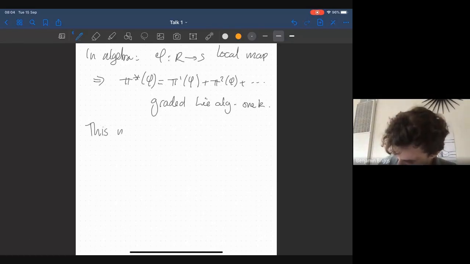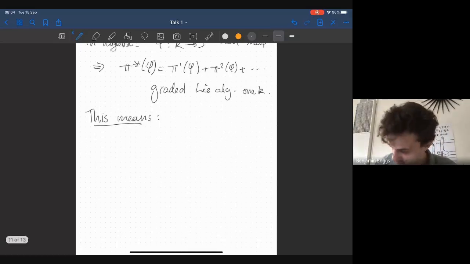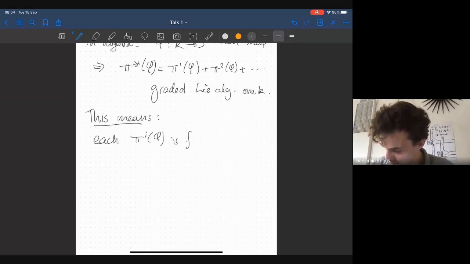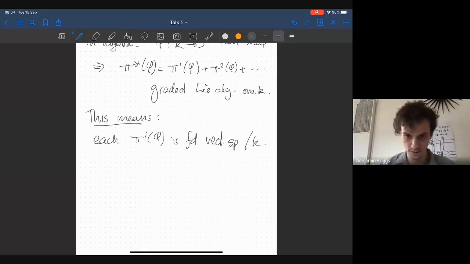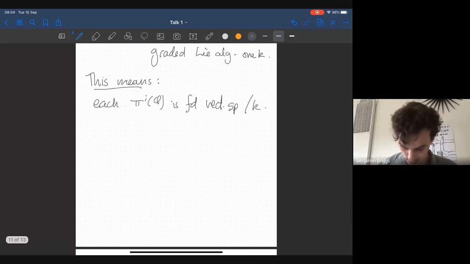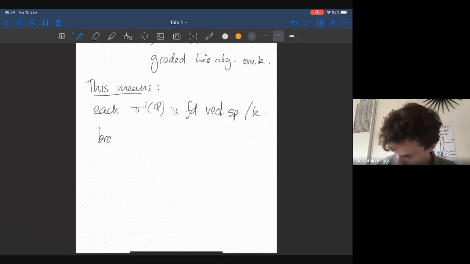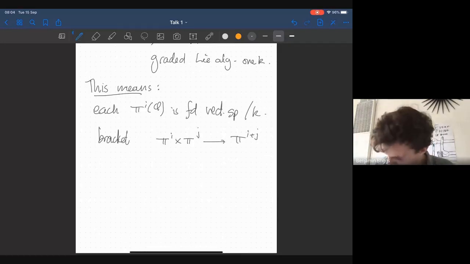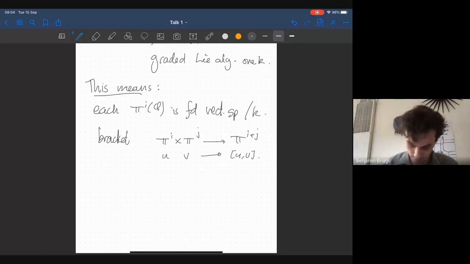Let me tell you, for people not familiar with Lie algebras, what this means. It means each piece pi i of phi of this big graded vector space is a finite dimensional K vector space over the residue field, and there is a bracket that goes from pi i and pi j to pi i plus j, just like a graded ring, but written with bracket notation, so (u, v) goes to the bracket of u and v.